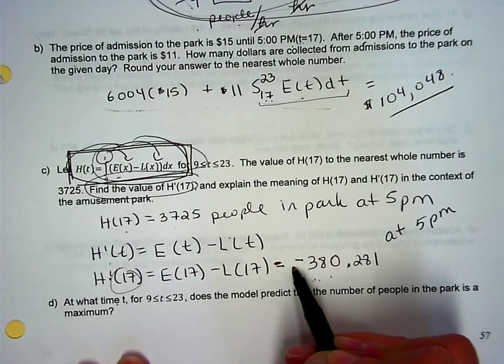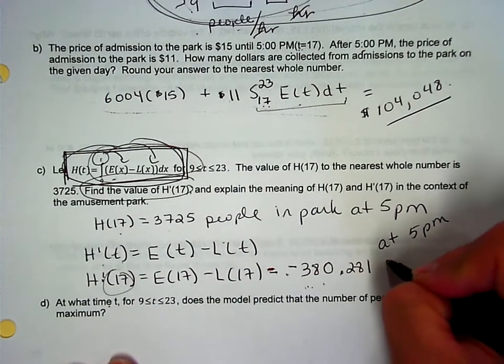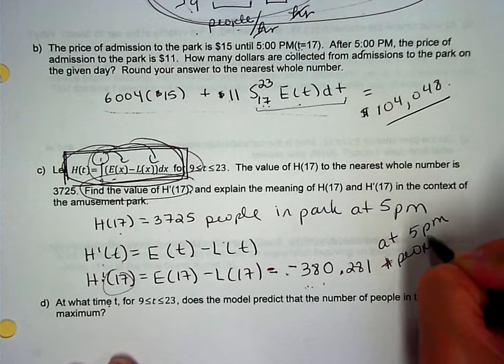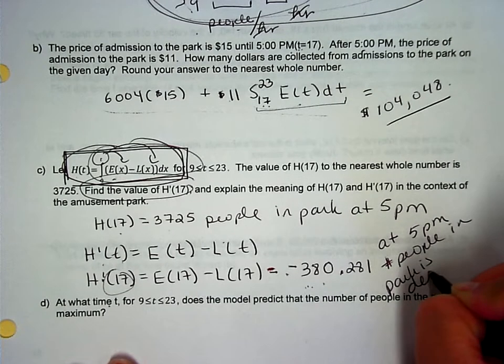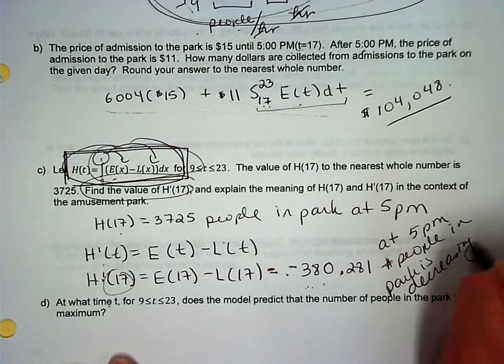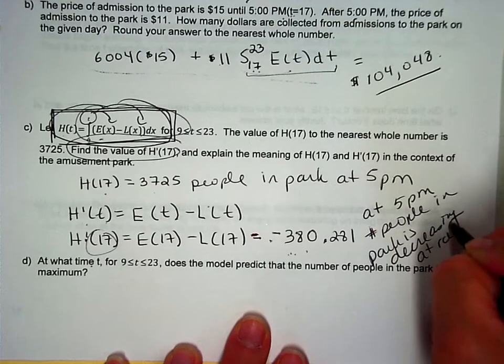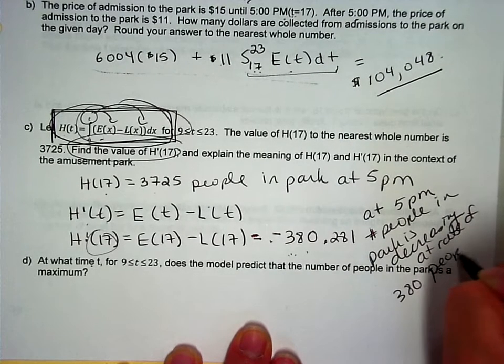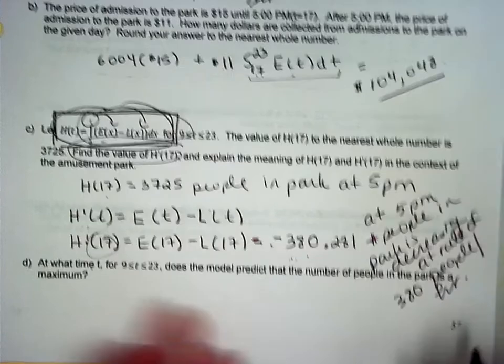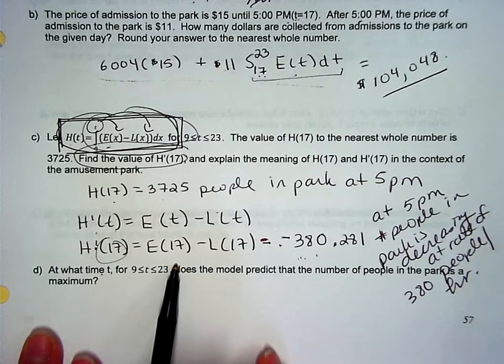Notice that your number is negative. So we're going to say the number of people in the park is decreasing at a rate of 380 people per hour. That's your explanation for this number here.